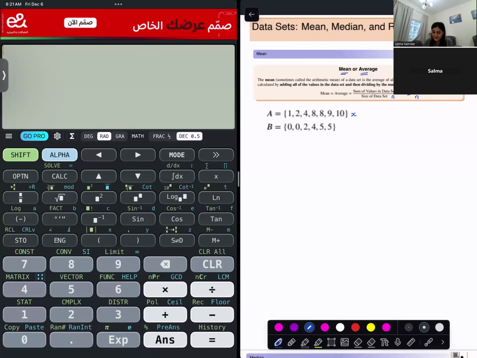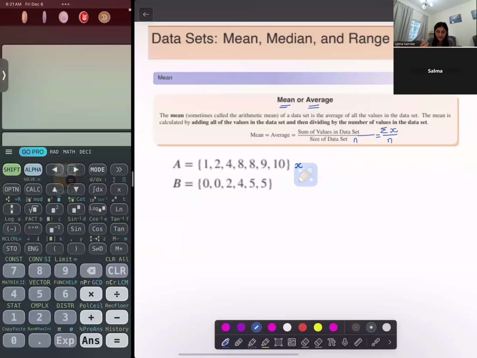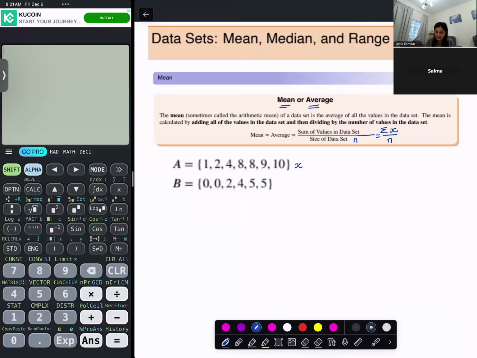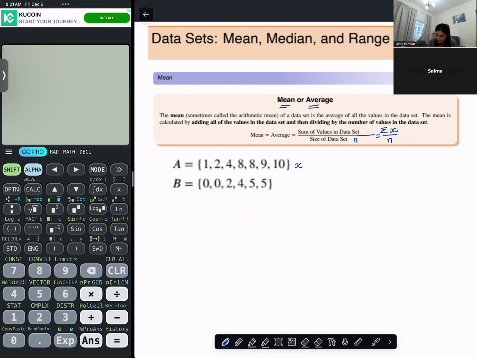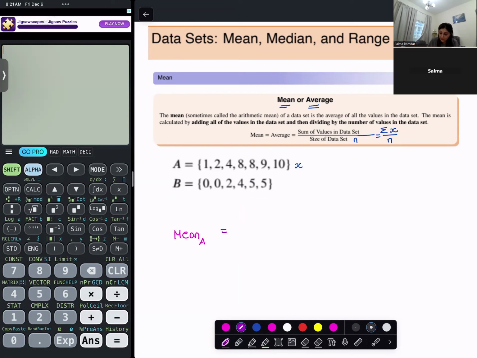For example, I have two data sets, one is my data set A and one is my data set B. I want to calculate the mean of my data set A. So the mean of my data set A is equal to the sum of all the values.